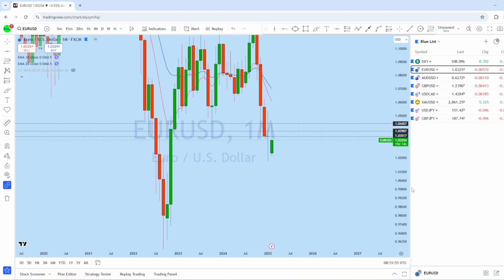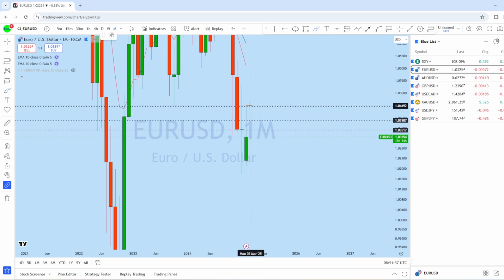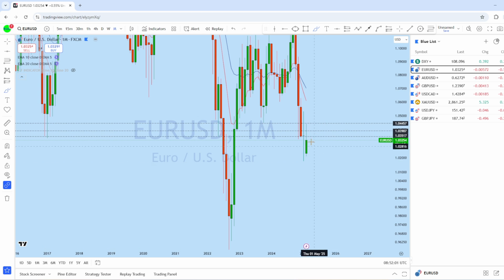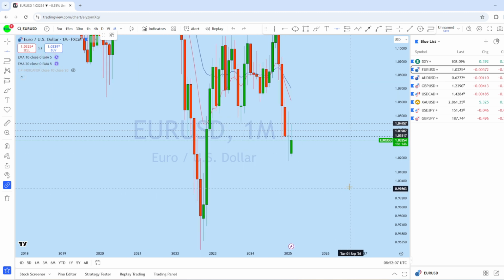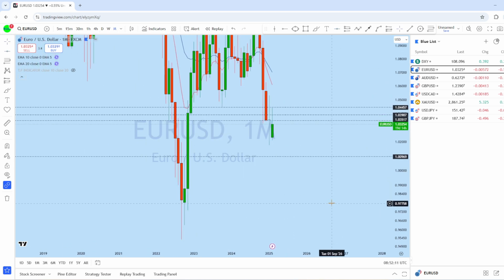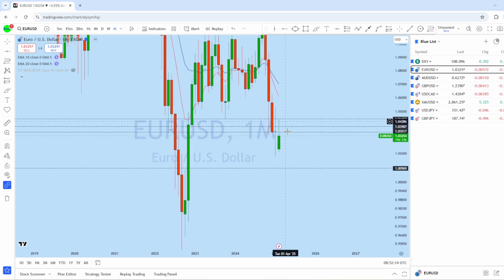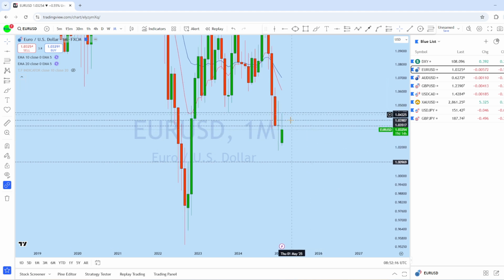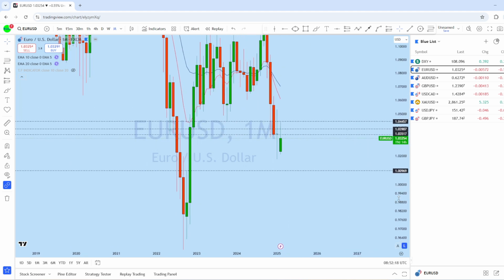Therefore, from the monthly perspective, the price has got a rejection maintaining a series of lower highs. We could see further bearish momentum here on euro USD, and it could drop back to this previous resistance, which is turning support in this market, expecting euro dollar to drop back down here to create a new lower low.